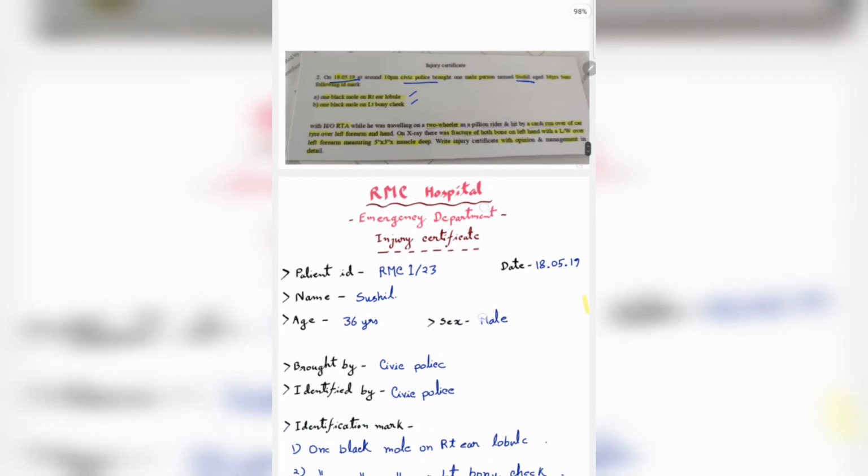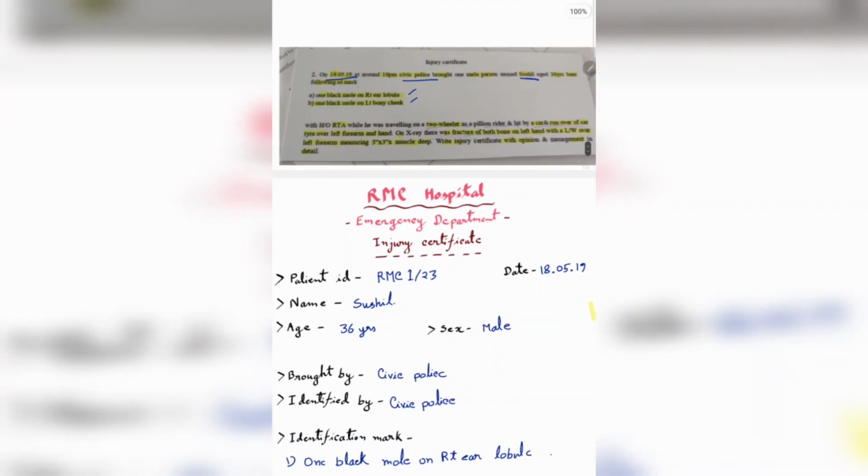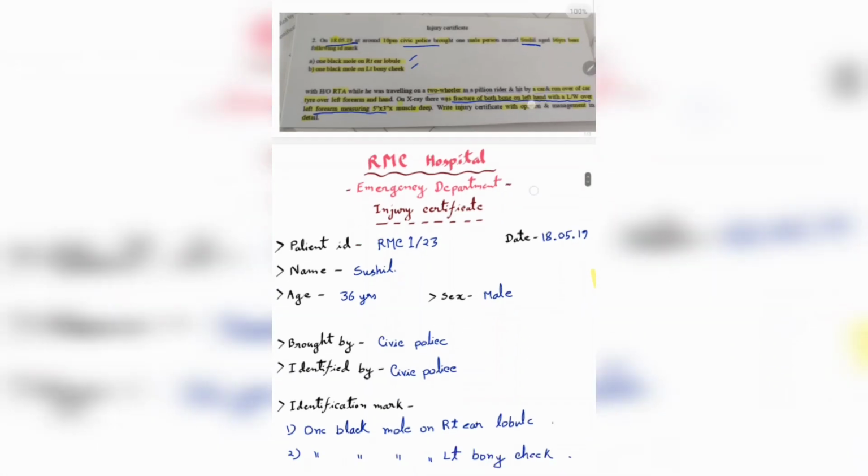Let's see the question: on the X-ray there is a fracture of the bone of the left hand with a laceration over the forearm. So we first write the laceration. You can write the fracture first. So there are two types of injury, one fracture and the laceration. So we write first the laceration. So the laceration wound.